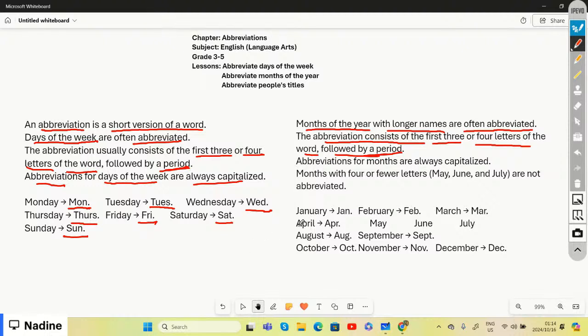And the abbreviations for months of the year are always capitalized. It starts with a capital letter, especially since days of the week and months of the year are capitalized.